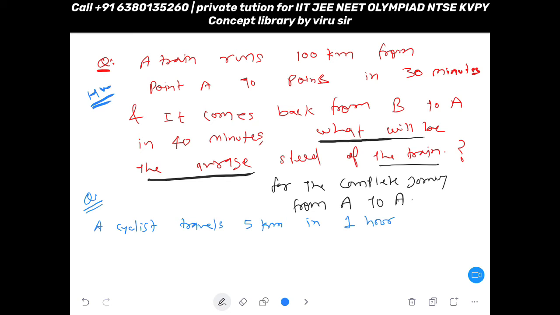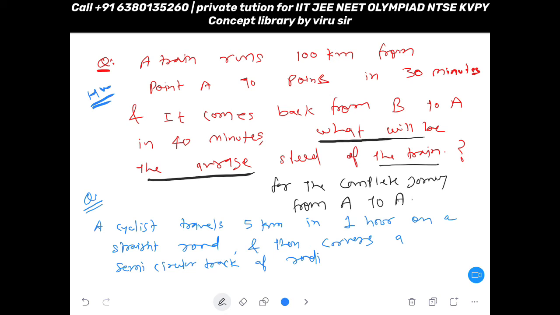A cyclist travels 5 kilometers in 1 hour on a straight road and then covers a semi-circular track of radius 100 meters in 20 minutes.